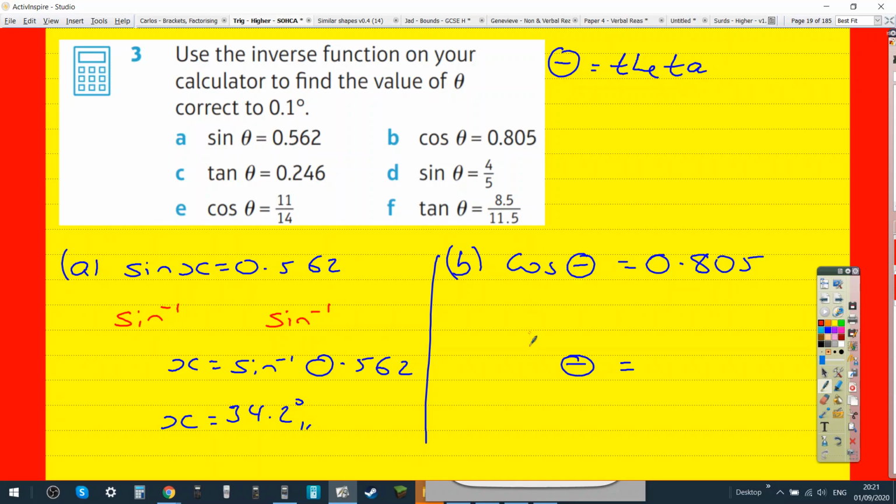How do you get rid of cosine? Do the opposite of the cosine? Yep.